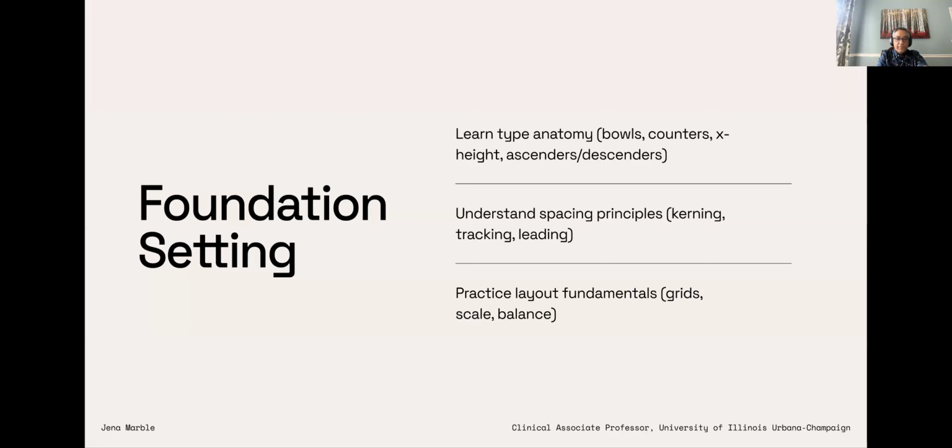We learn about bowls, counters, ascenders, descenders, all those things that designers have to know about type. We understand spacing principles and layout fundamentals, things that if AI did for us, we wouldn't be able to recognize if it was proper or not. So we have to manually learn these things the good old way, just by doing it.